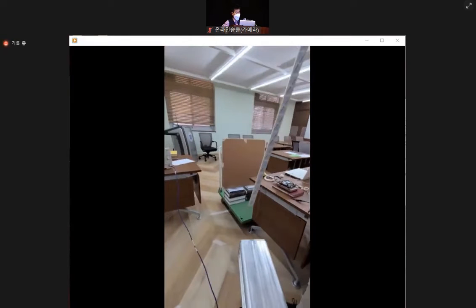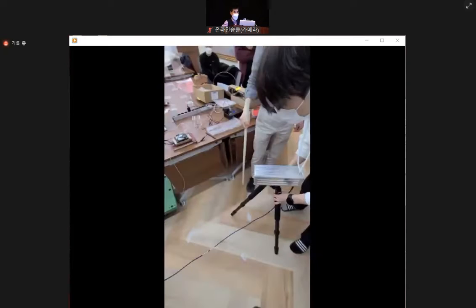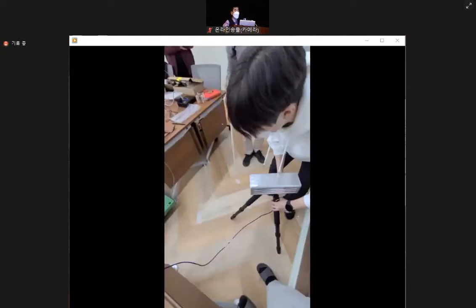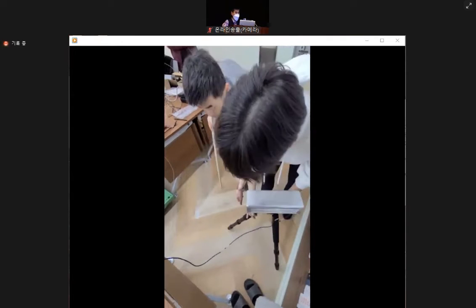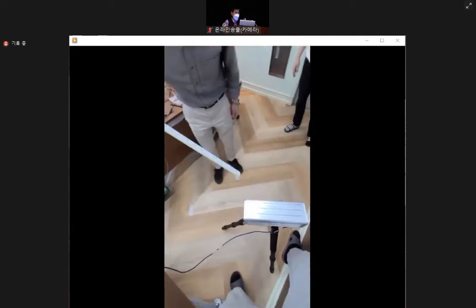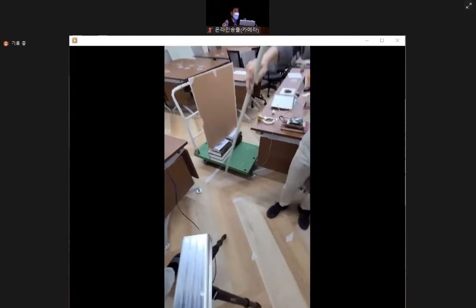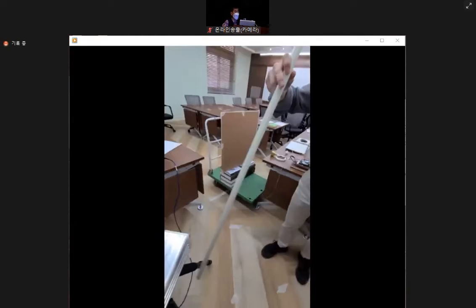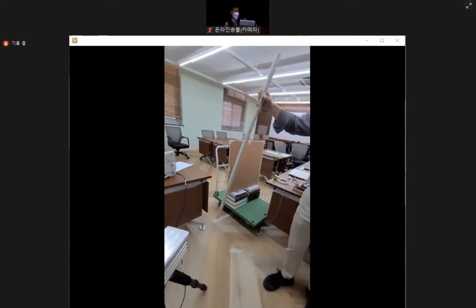Now we will change this probe to a higher angle. Good. My research assistant has moved the angular position from 41 or 45 degrees toward, say for example, around 60 degrees or 70 degrees.